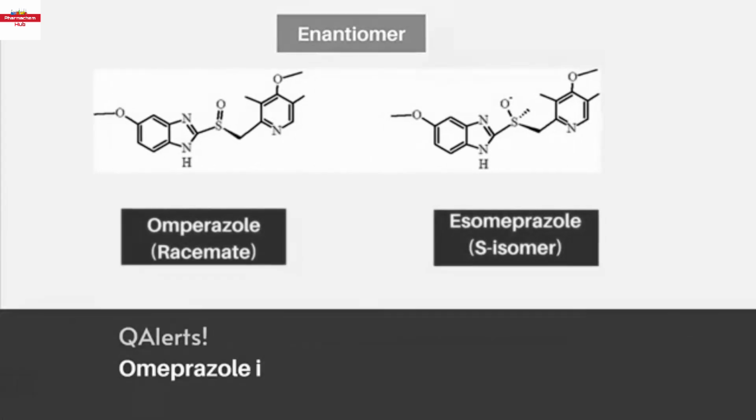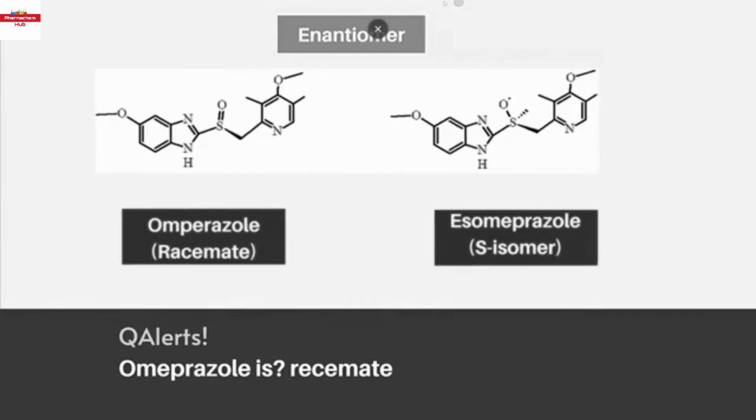Here is another enantiomer, a very popular drug called omeprazole. That is a proton pump inhibitor, PPIs. You often hear PPIs. PPIs are the drug of choice for peptic ulcer disease.